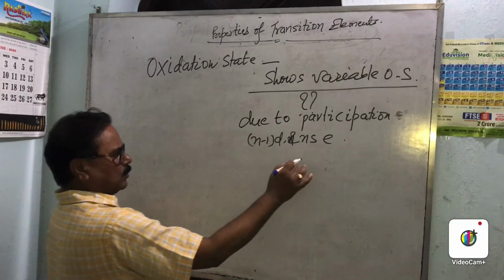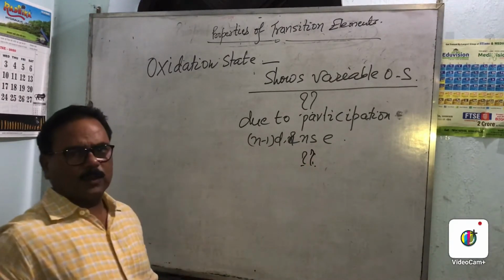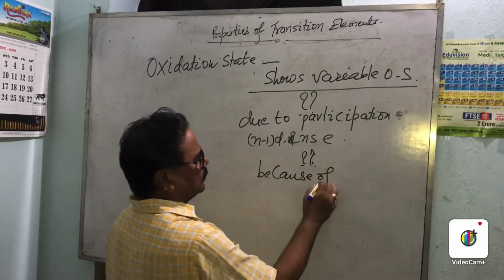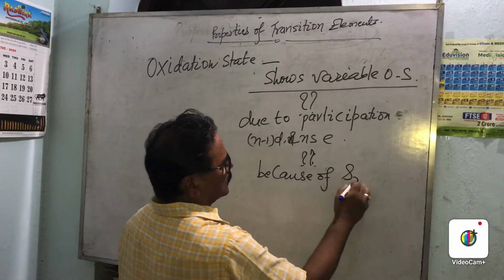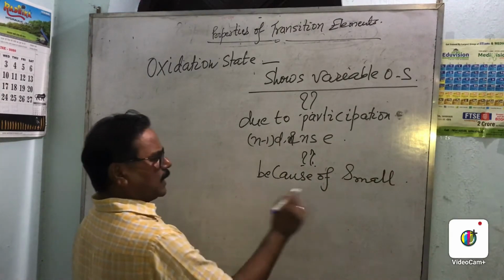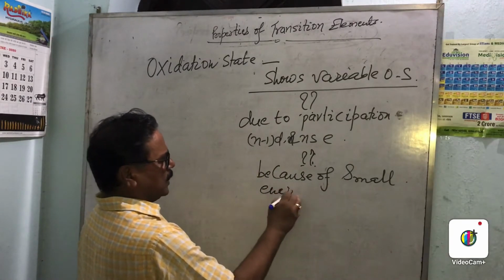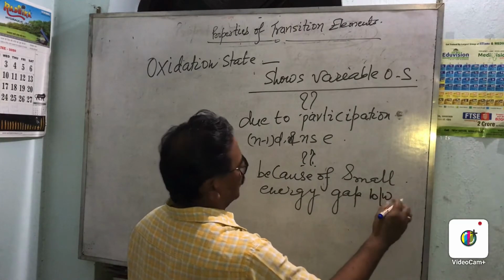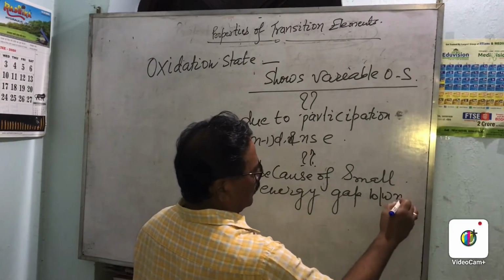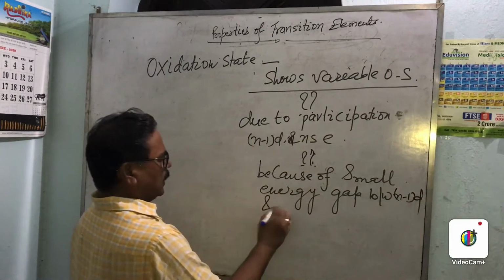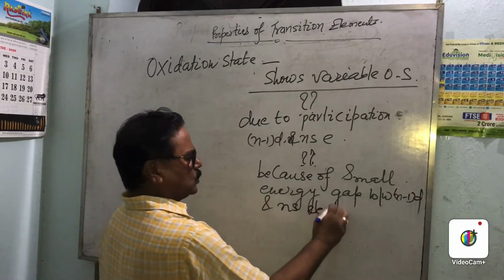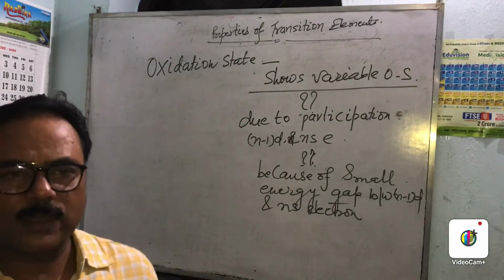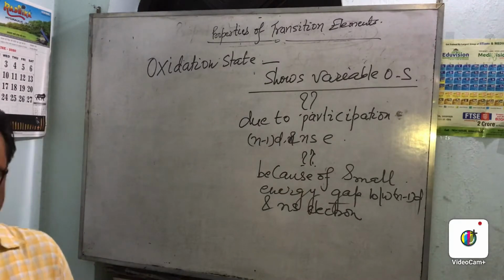Now why do only these two take part? Because of the small energy difference, the small energy gap between (n-1)d and ns electrons. So the first question: why do transition elements show variable oxidation states? The concept should be clear.